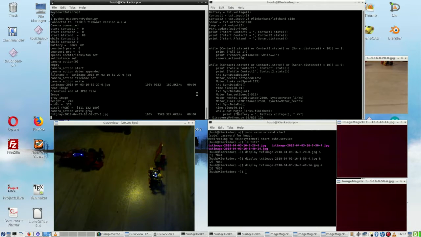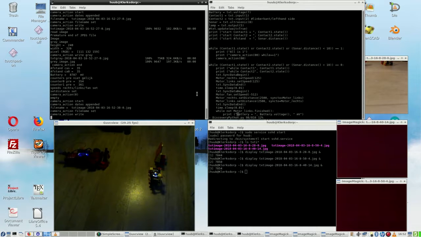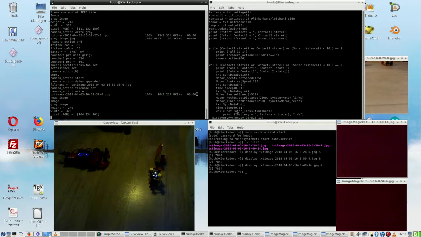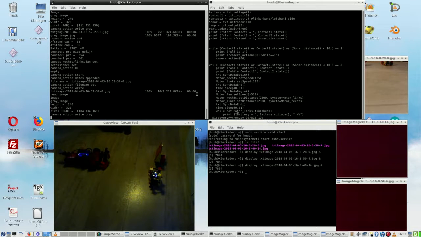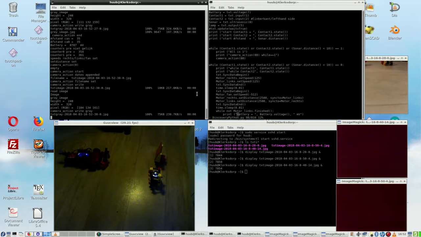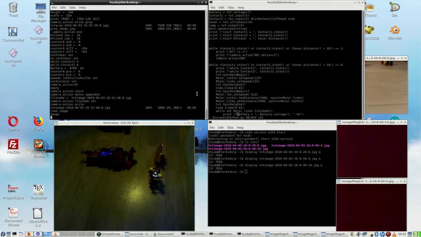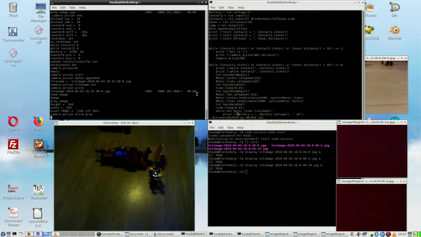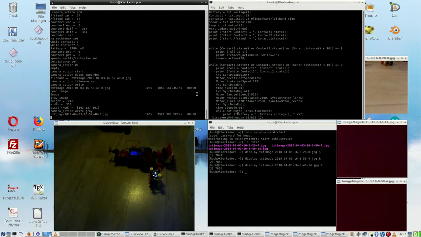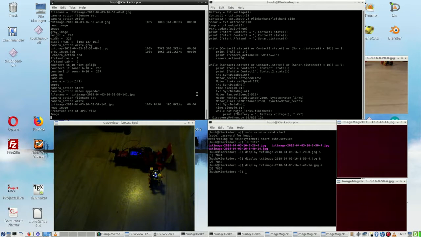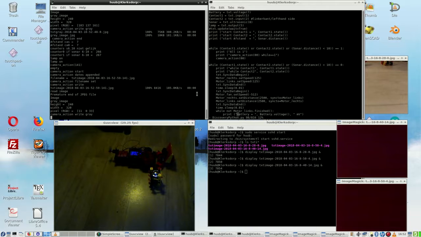Down to 8.8 volts. Zero image. Stops. It did stop. 141. 141, that's good.